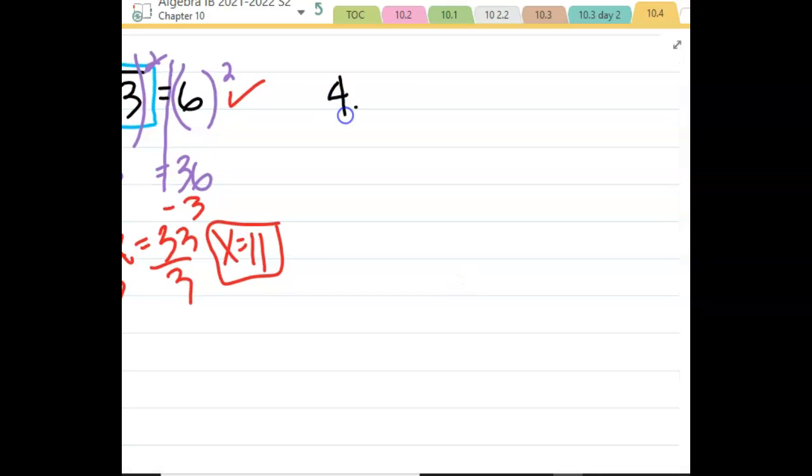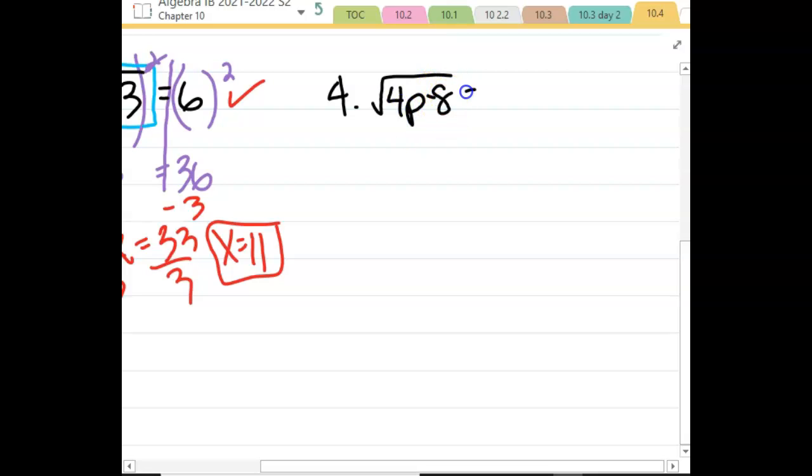Okay, number 4. The square root of 4p minus 8 equals 8. Now remember, this is what we are trying to isolate first, that square root.